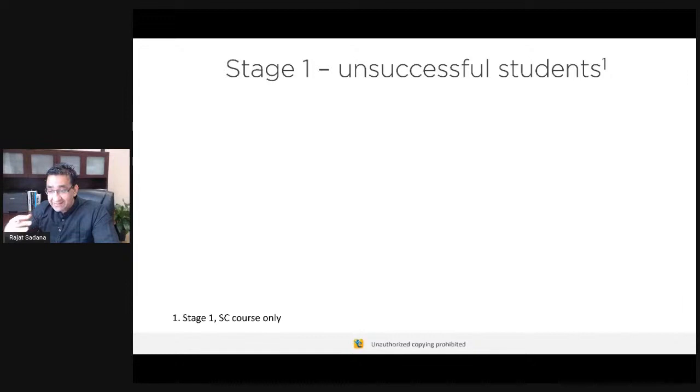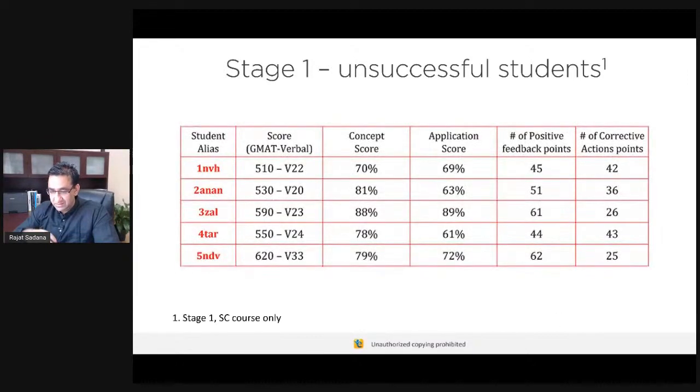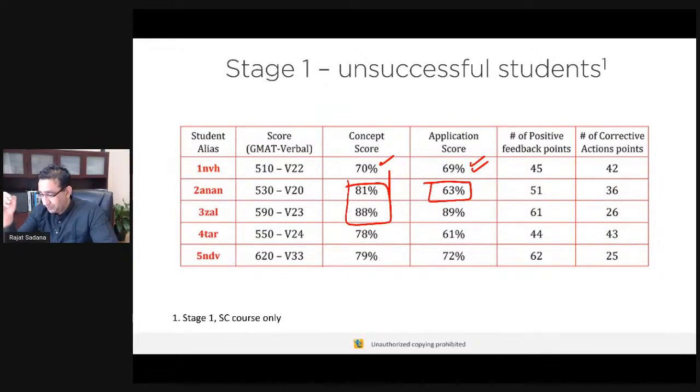Now, unsuccessful students, when they do stage 1, again have the same 87 feedback points. The first data point you see over here is much lower concept scores, and primarily much lower application scores. Even when the concept scores are high, the application scores are low. The second thing you would notice is, what else do you notice over here?